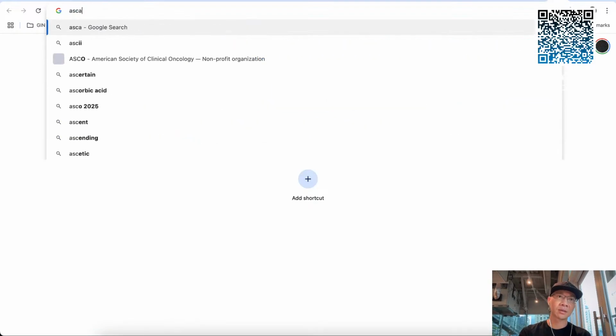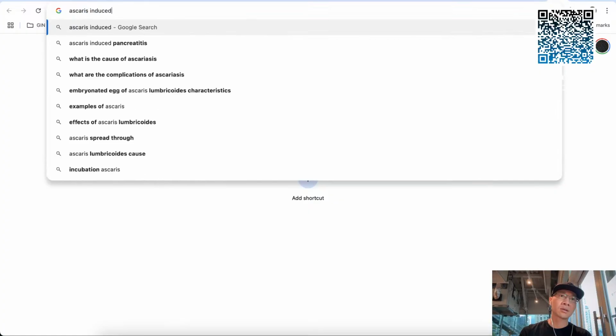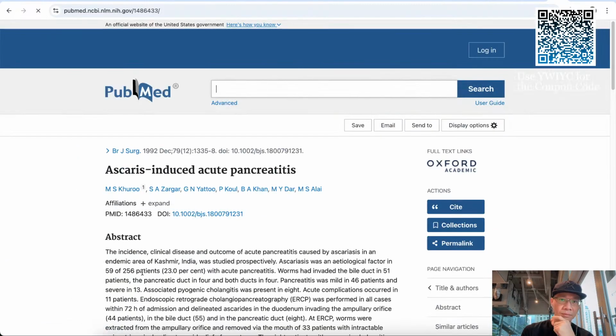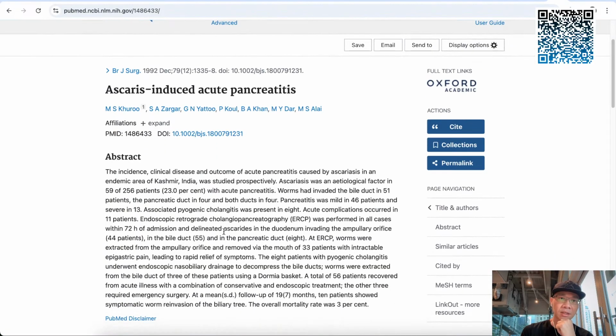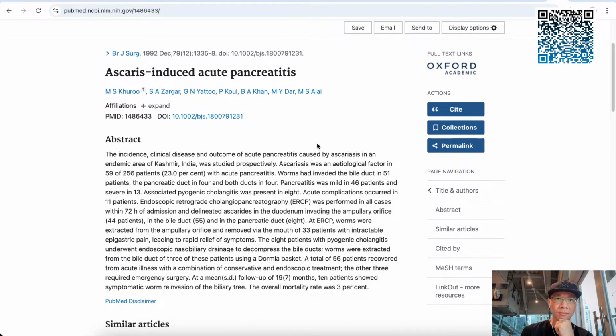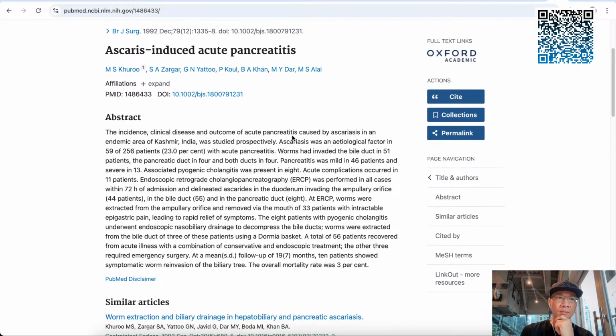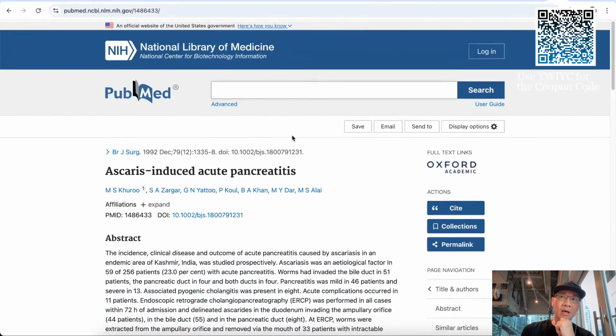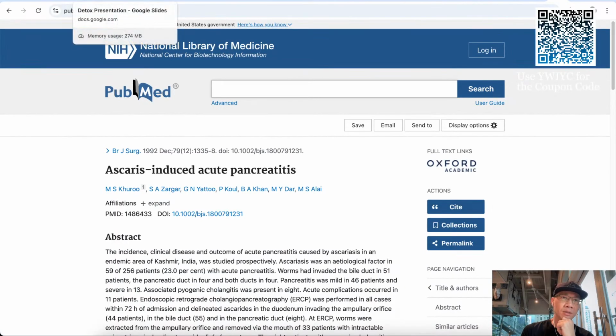If you want to type that as Ascaris-induced pancreatitis. Okay. You guys can look this up. Roundworms are very, very common. They're extremely common.